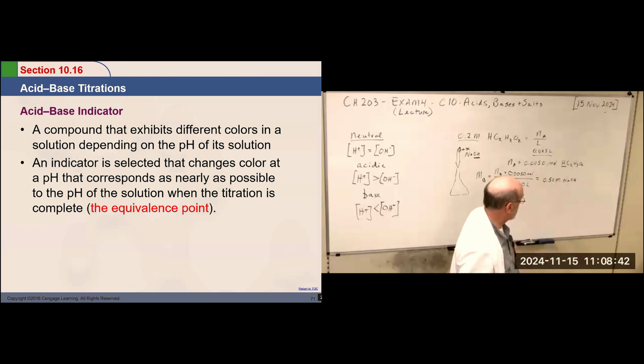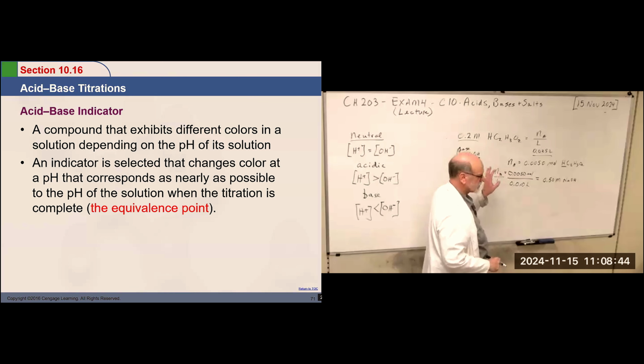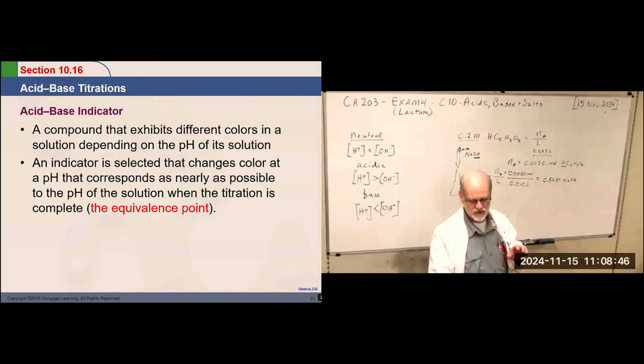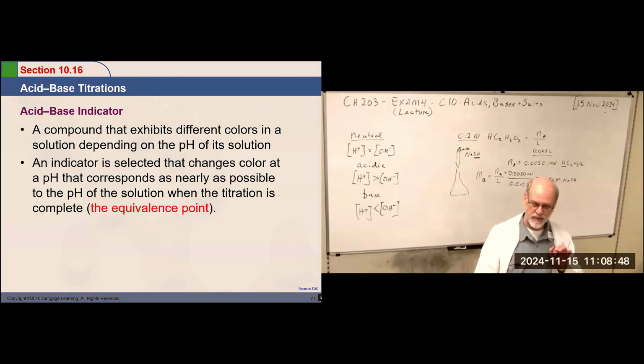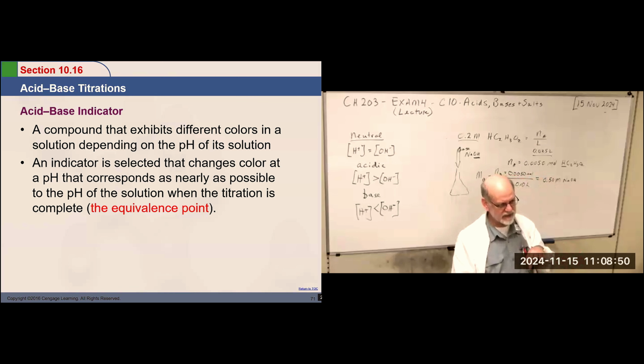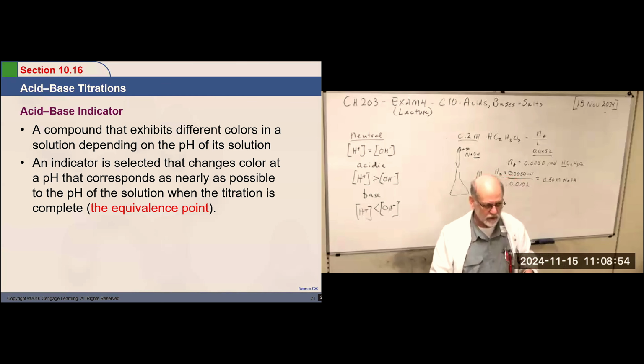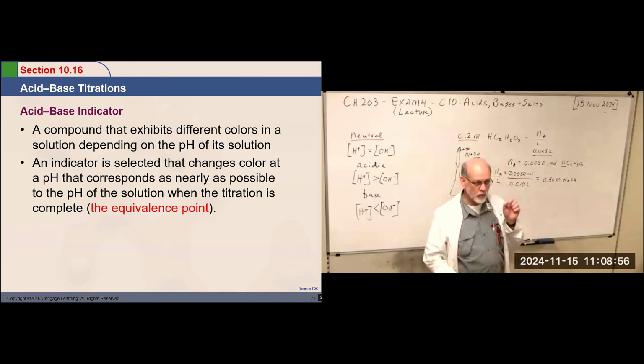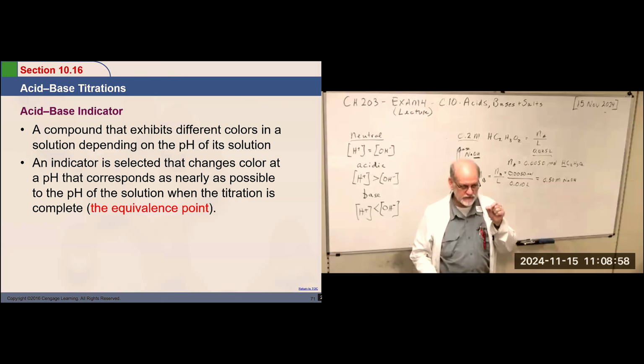Now, you can do this reaction with a pH meter, and the pH at equivalence will depend on the acid and the base that you're using. Or you can use an indicator. If you know the pH at which equivalence is going to occur, then you can select an indicator that will change colors very close to that pH.